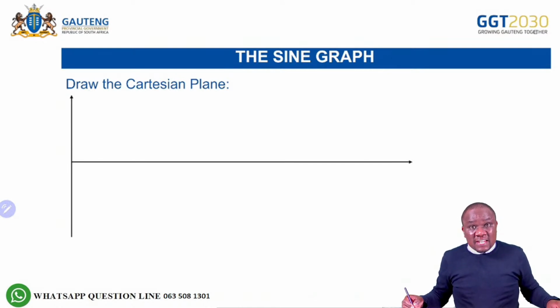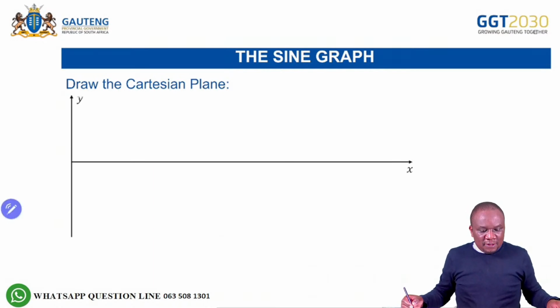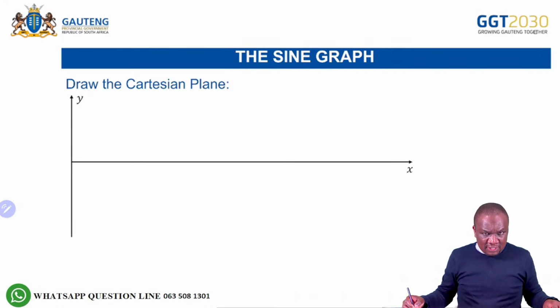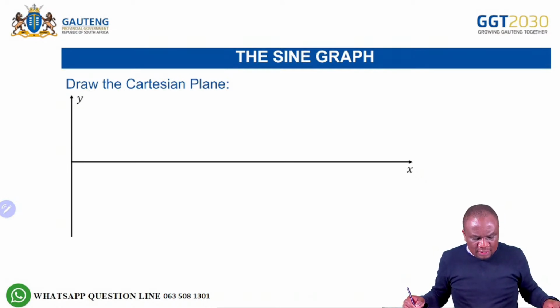Right, let's name the axes. We have the x-axis and the y-axis. Don't just draw lines without naming them, that would be meaningless. And then the origin, where the x-axis and the y-axis meet, that's our 0 for both y and x.